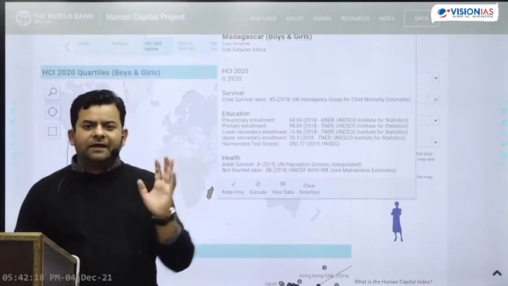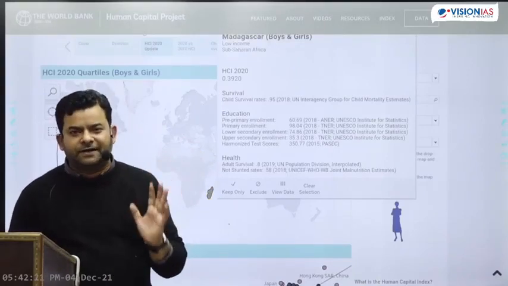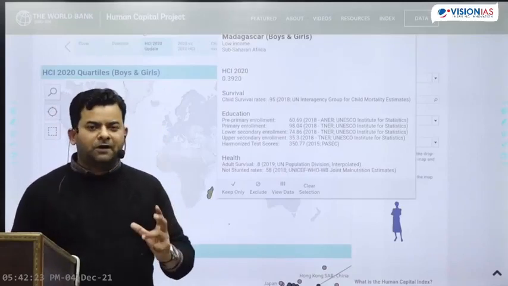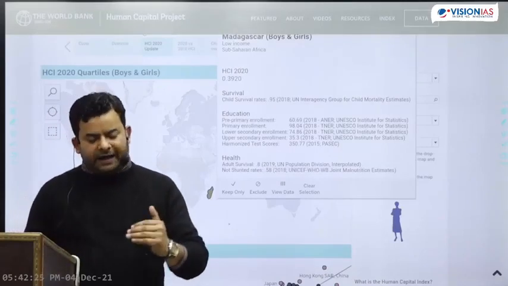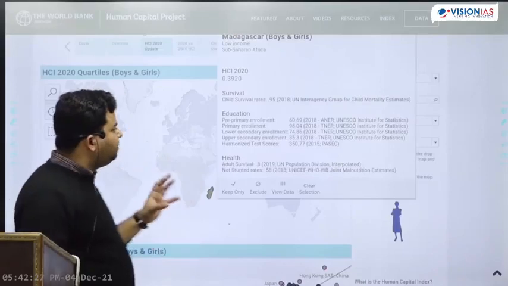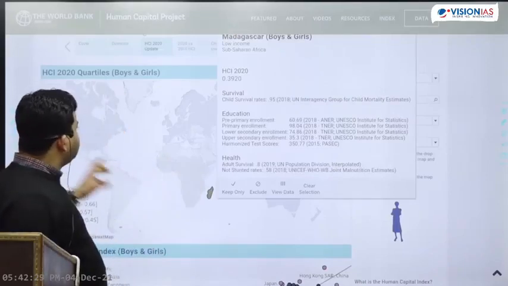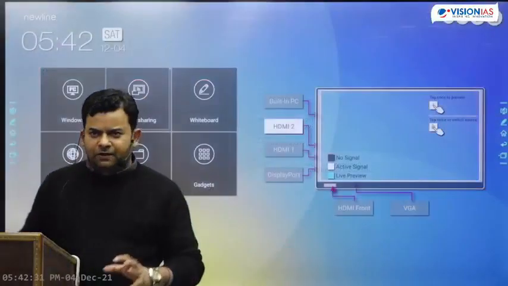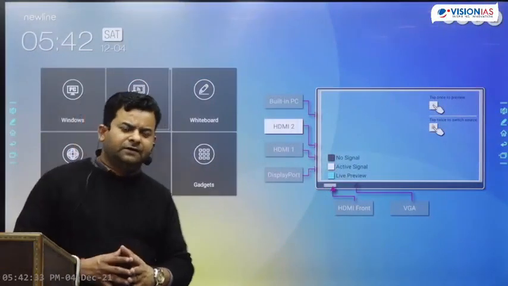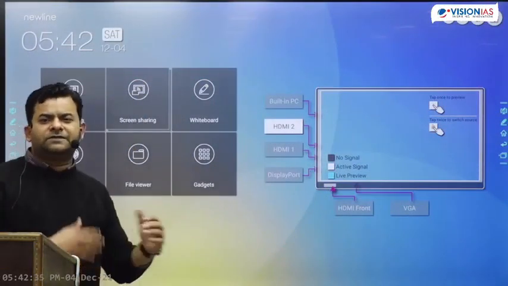So there are only 5-6 indicators. But if you know them properly, you will see that you are ahead of others. I hope it's clear to you. Just a quick reference, not going into the detail of it because that will be overlapping then.